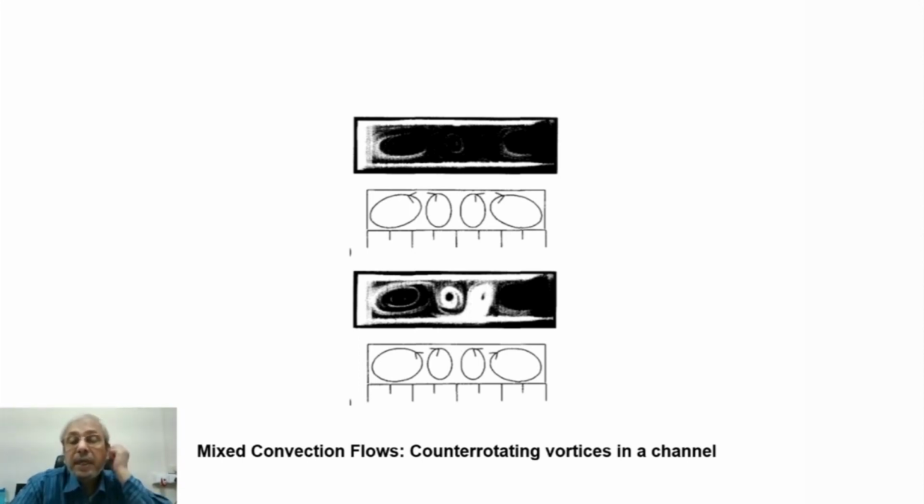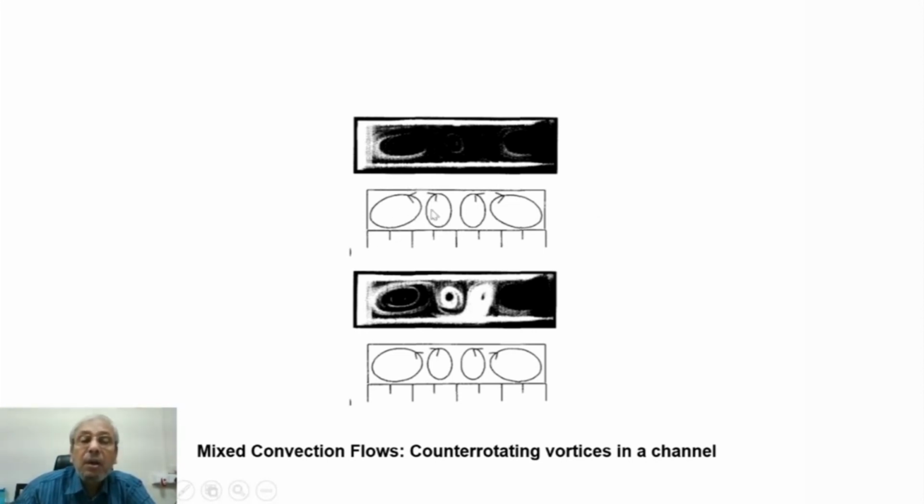Here the flow is in the horizontal direction, but on the cross normal planes we are able to see vertical structure.